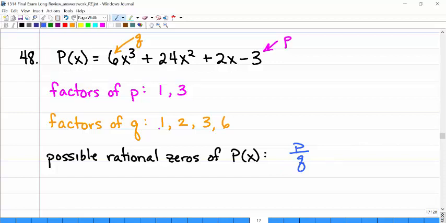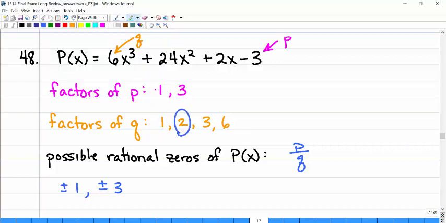So if I put everything of p over the factor of q for 1, I get plus or minus 1, plus or minus 3. Again, I did this over that, then I did this over that. Now I want to put them all over 2.